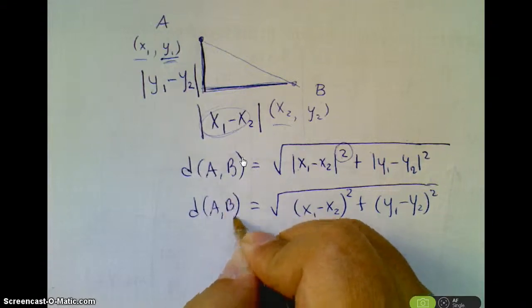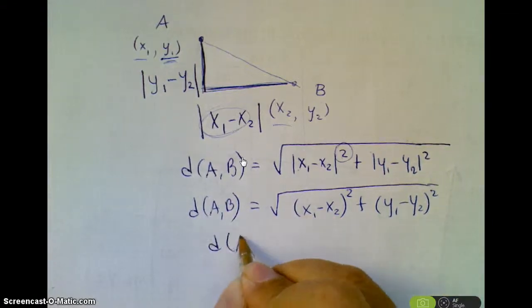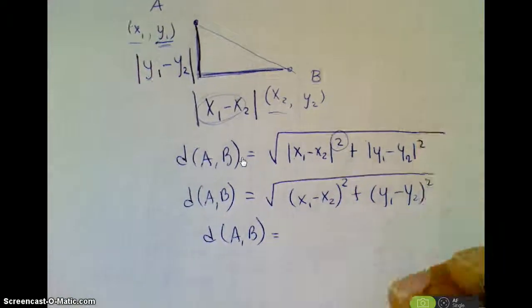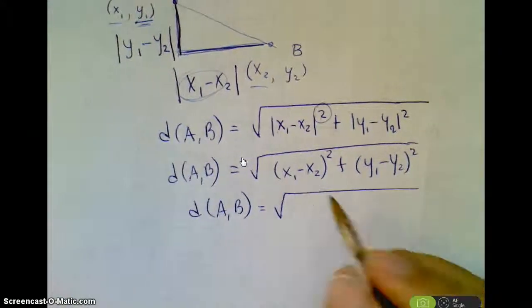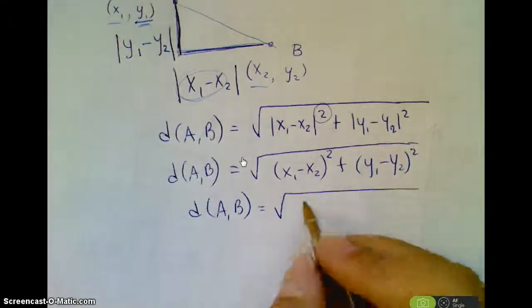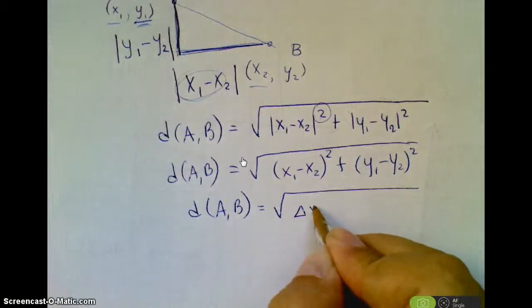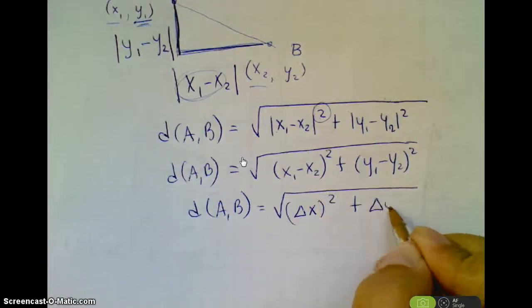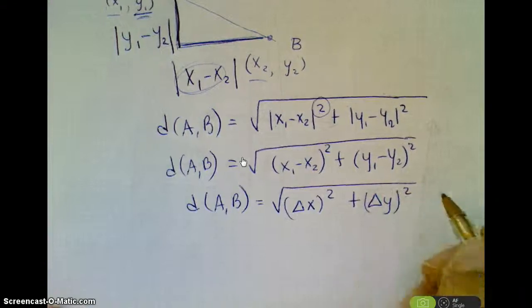This is just an abbreviated version of it, and this is something that I would like you to write down when you see your formula: the square root of the difference of the x's squared plus the difference of the y's squared.